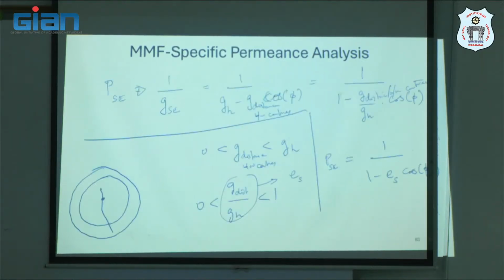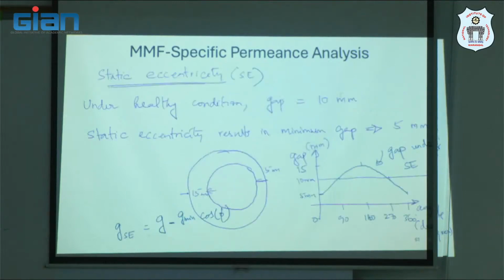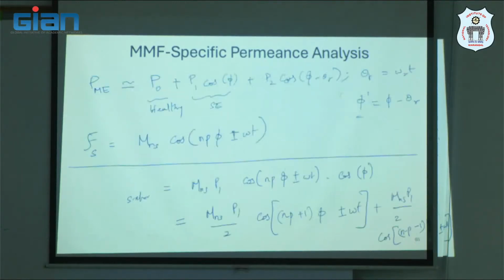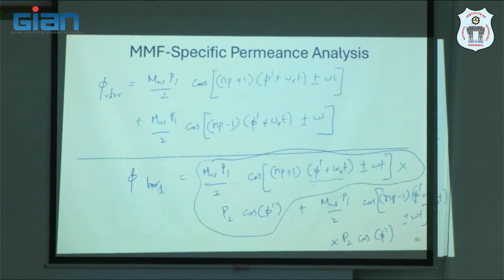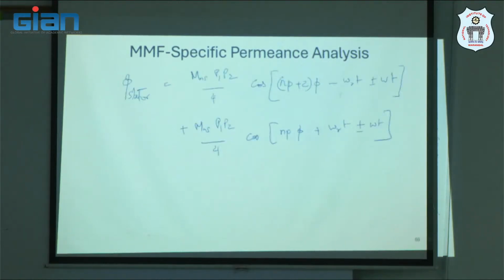We have to go back quite a few slides to even know where we started. So here is the original pole pair number. NP is the original pole pair number. In this term I have NP plus 2. Can they match? What do we mean by that?